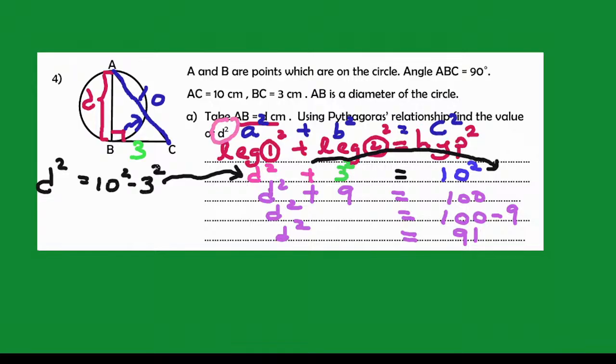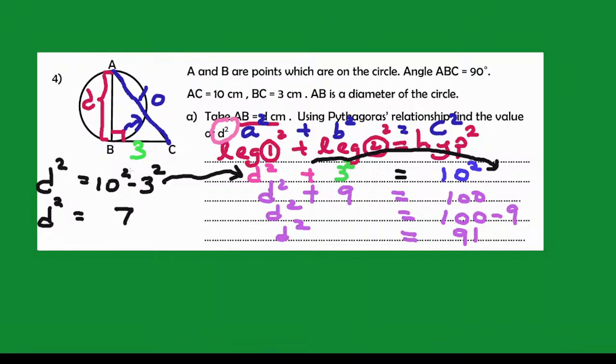There's nothing wrong in that. You can do that. But here comes the mistake. Some of you would have written 10 squared minus 3 squared as 7 squared. That's wrong. 10 squared minus 3 squared is not 7 squared.